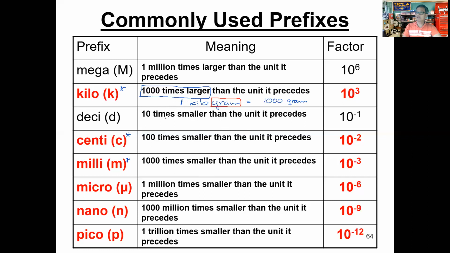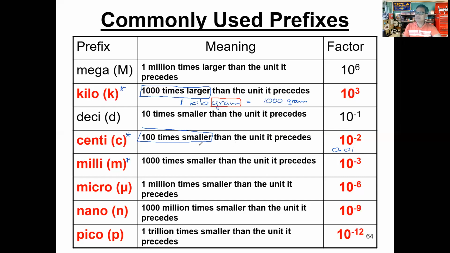Let's take a look at what happens with centi. The centi represents a unit, if you add it, that is 100 times smaller. The multiplier here is 10 to the minus 2, which, remember with expanded notation, means multiplying by 0.01, which means we're going to make the unit smaller.